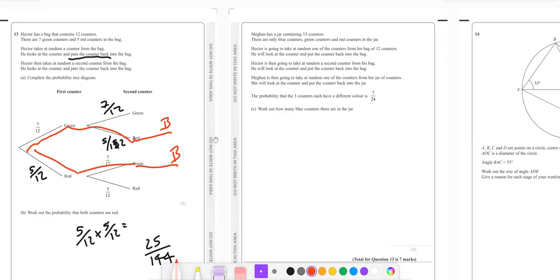And those are the two routes. And those two are both the same. So we've got 7 over 12 times 5 over 12 times x, the number of blue. So let blue equal x over 15.